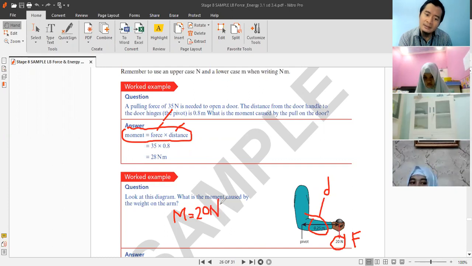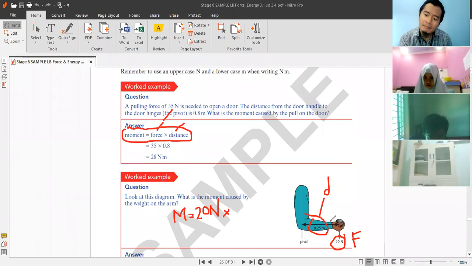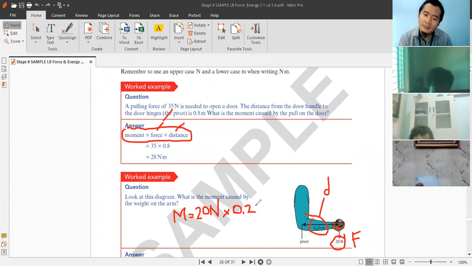And then multiplied by the distance, 0.25 meters. You have to remember that N is in uppercase and m in lowercase. 20 multiplied by 0.25.